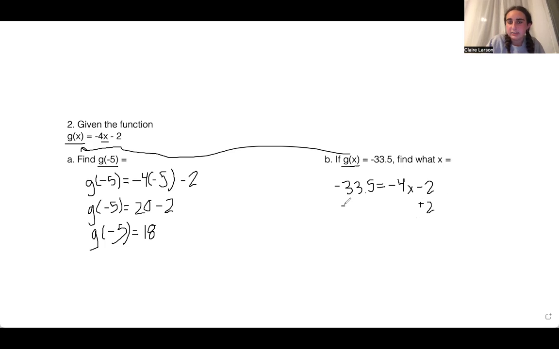So then we'll add 2 to this side. Okay. So then, equals negative 4x.